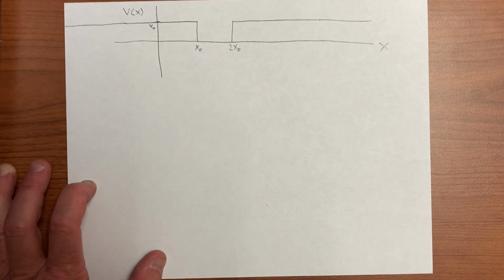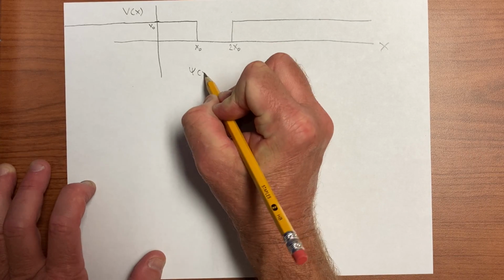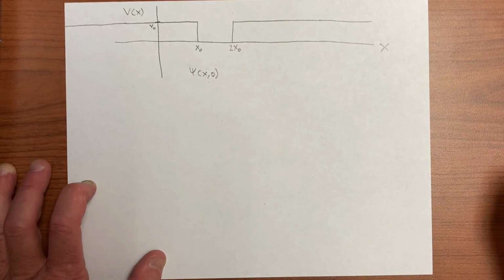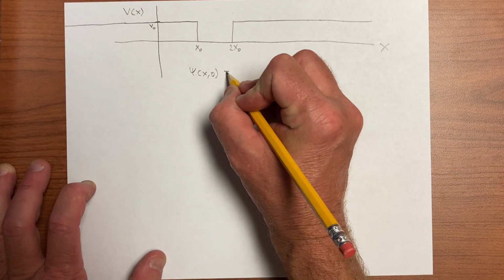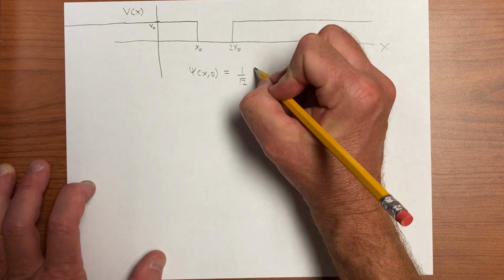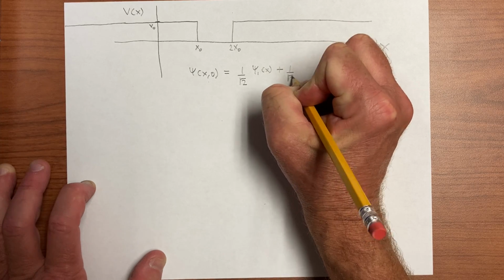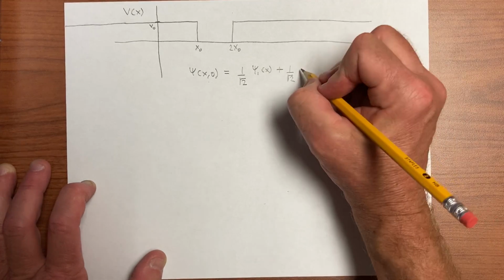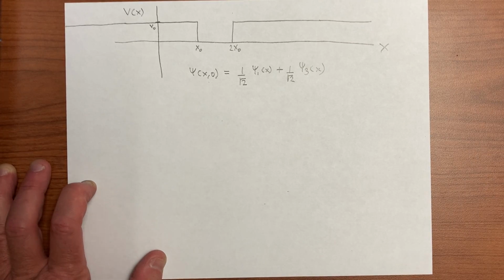So finite well, and let's imagine a superposition, a wave function at t equals 0, which is an equally weighted sum of the ground state and the second excited state, something like that.